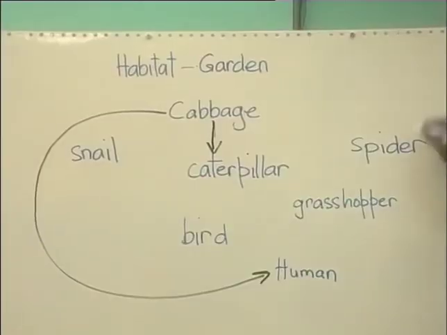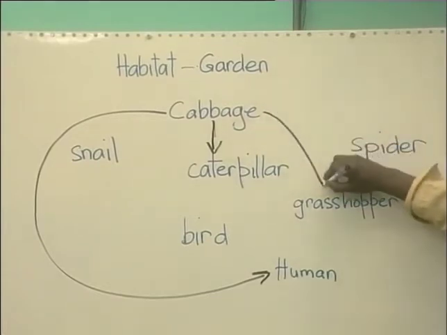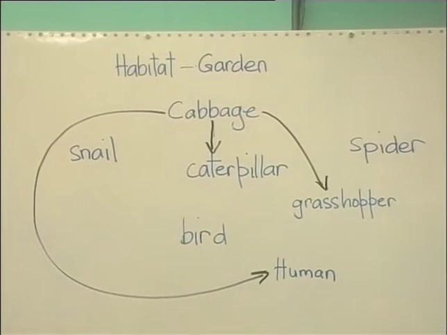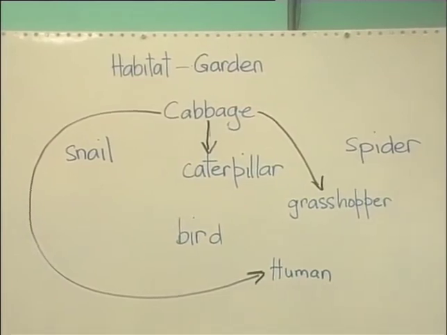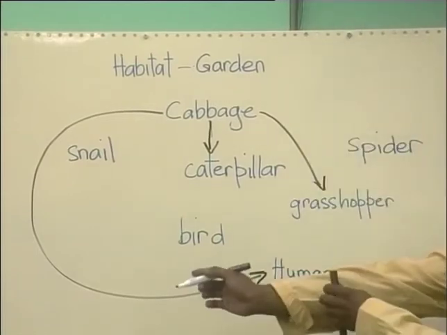Grasshopper. Grasshopper eats cabbage. Ella? Birds. What does bird eat? Bird eats cabbage. Some birds eat plants too.